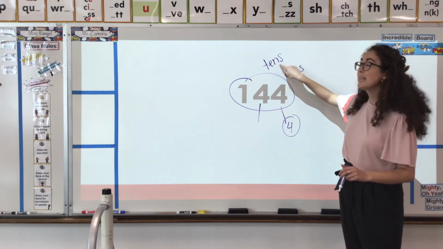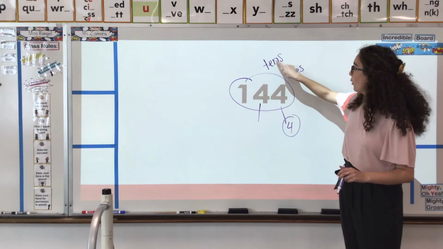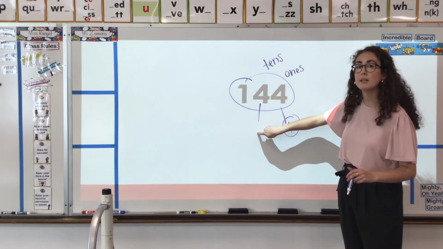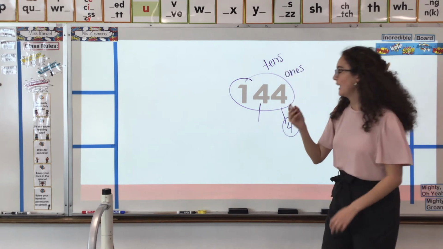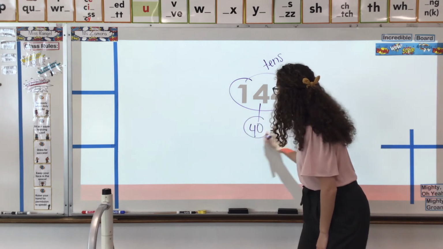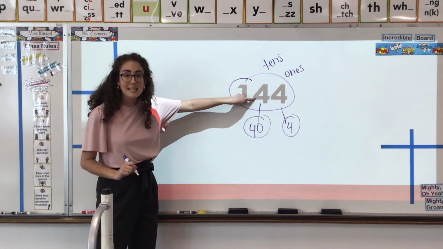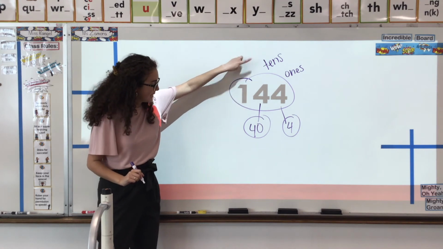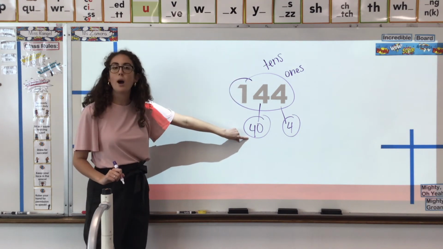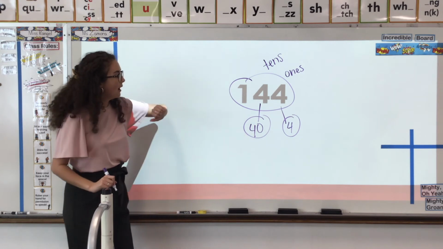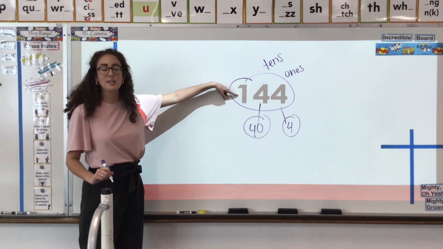There's 4 tens, and 4 tens is what? Is 40, exactly. Good job. So this digit 4, because it's in the tens place, has a different value of 40. Awesome. Okay, let's look at the last one.